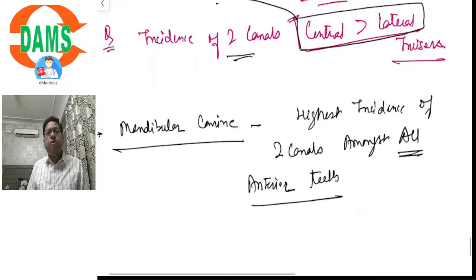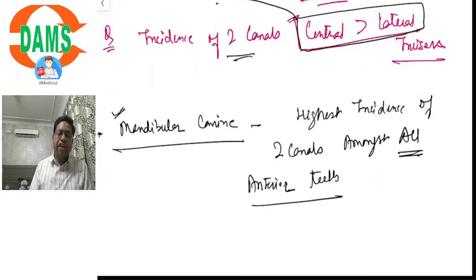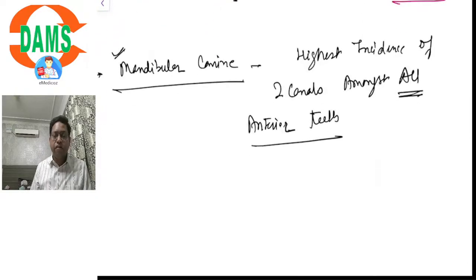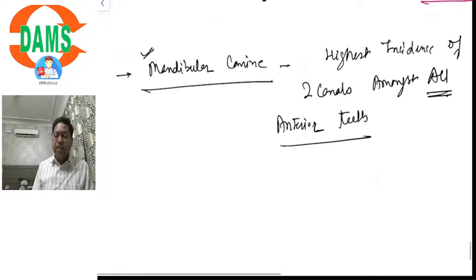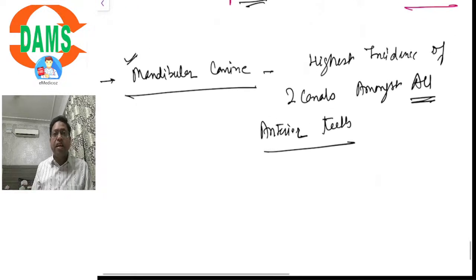If we talk about the incisors and the canines, the maxilla and the mandibular combined together, the highest incidence of two canals would be for mandibular canine overall. Okay, these are the anterior teeth most likely to show more than one canal of all anterior teeth.